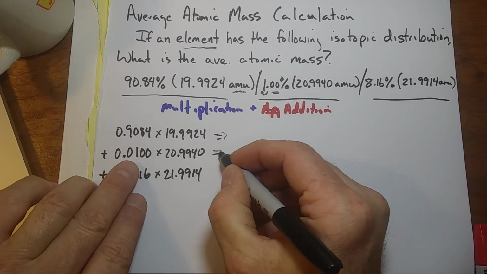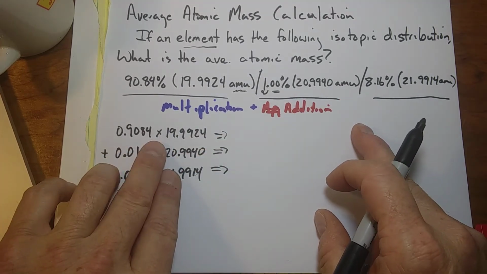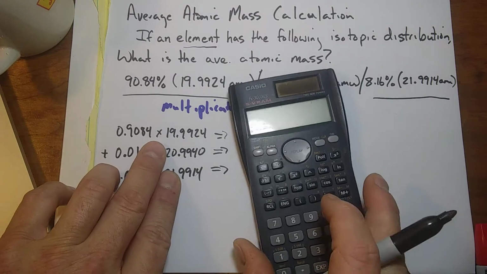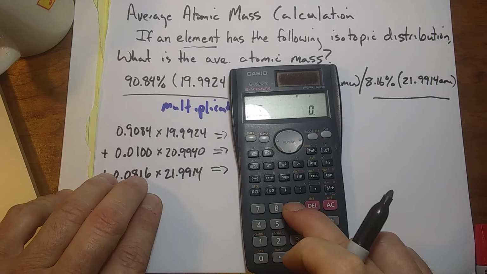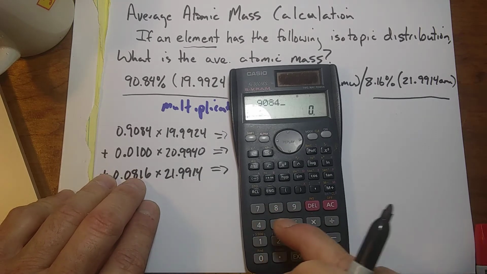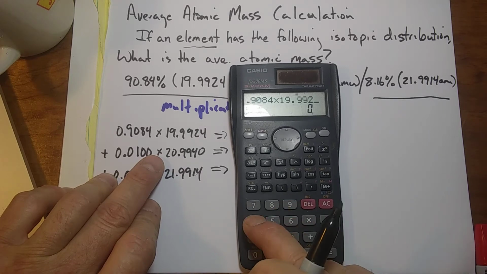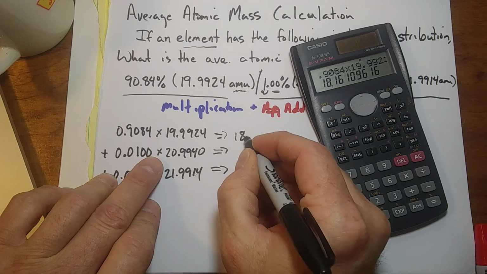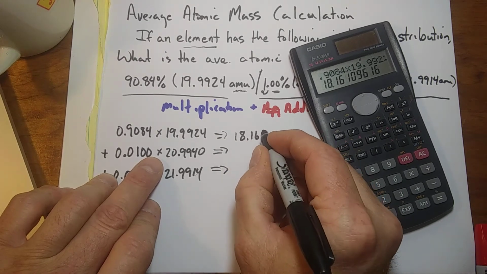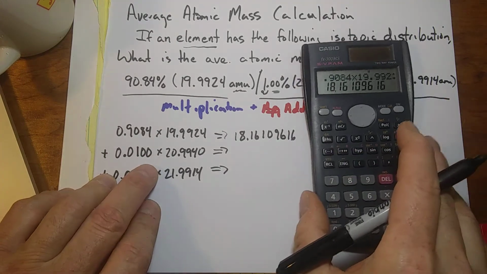So I'll rewrite this over here so that we have the sum of this multiplication, this one, and this one. Okay, so 0.9084 times 19.9924 is equal to 18.16. We're going to keep all the figures, 109616.